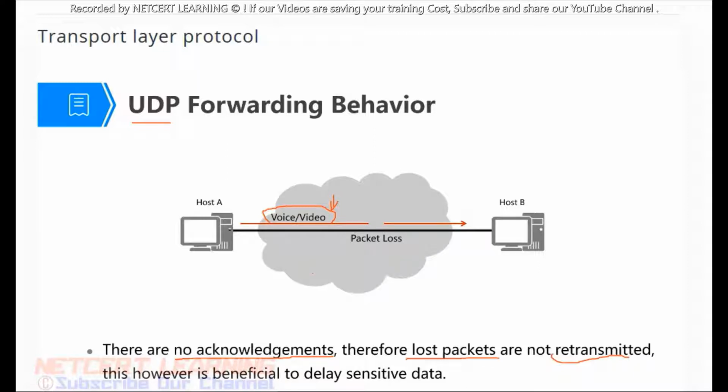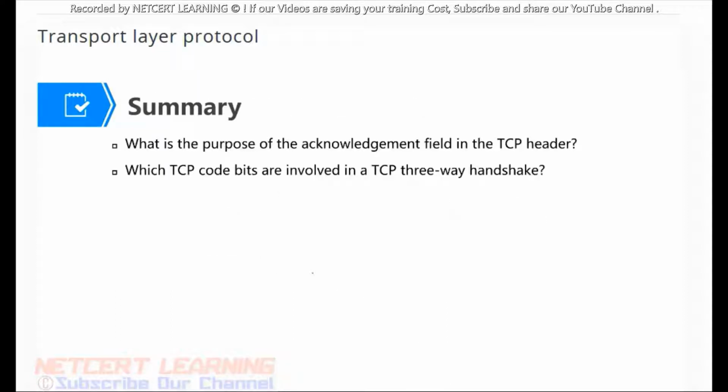It's simple, efficient, and of course will not repair, because repair is of no use for video. So in some scenarios, using UDP is better than using TCP. Of course, UDP will drop packets and will not recover from packet loss. Okay, and then we go to the end of this chapter.